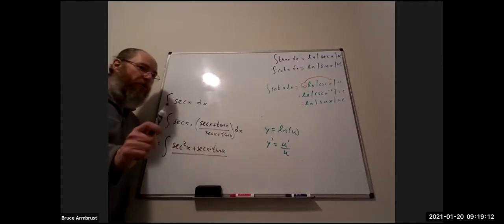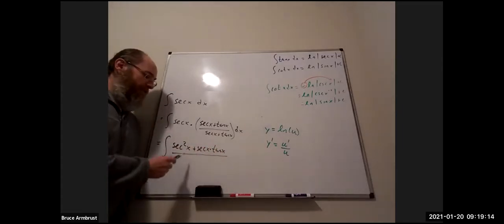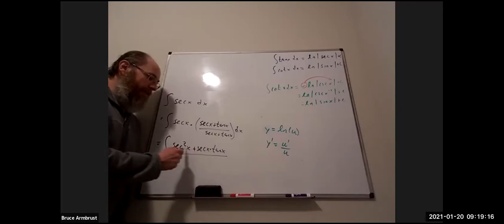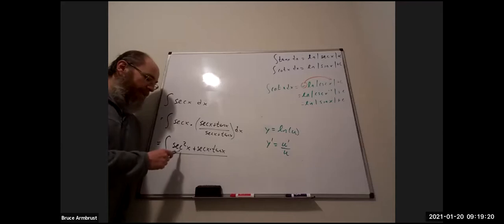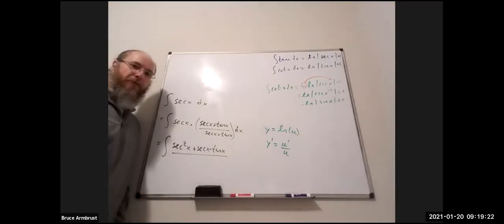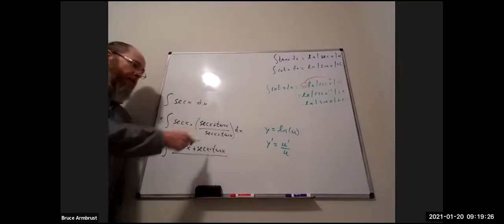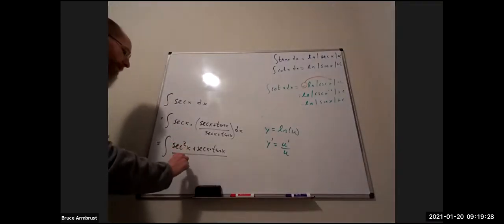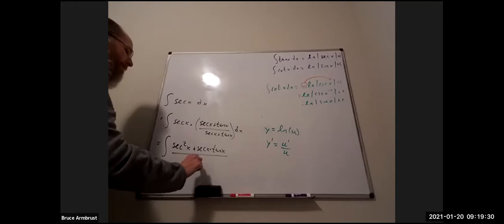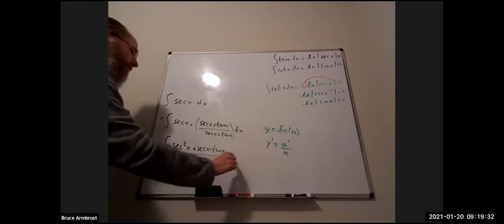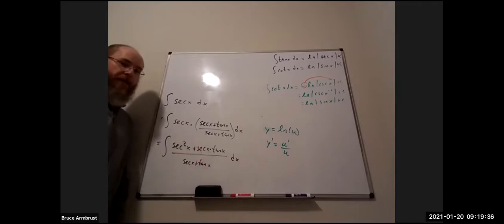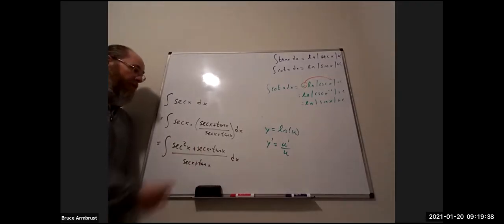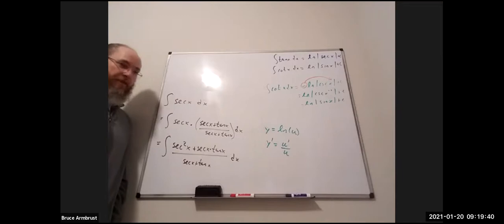And before I even go to the bottom, I want you to recognize that these are derivatives of trig functions, right? Secant squared and secant tangent, those are the two derivatives that involve secant. Now, if we go to the bottom, we still have secant plus tangent. But this ugly, horrible looking thing is still the same as just secant.